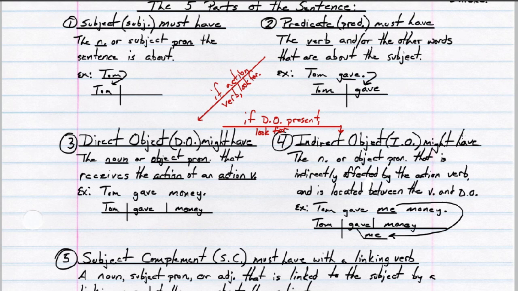Now, because the subject complement, the fifth part of the sentence, relies on a different verb entirely, we have to bounce back up here to the verbs for this one.